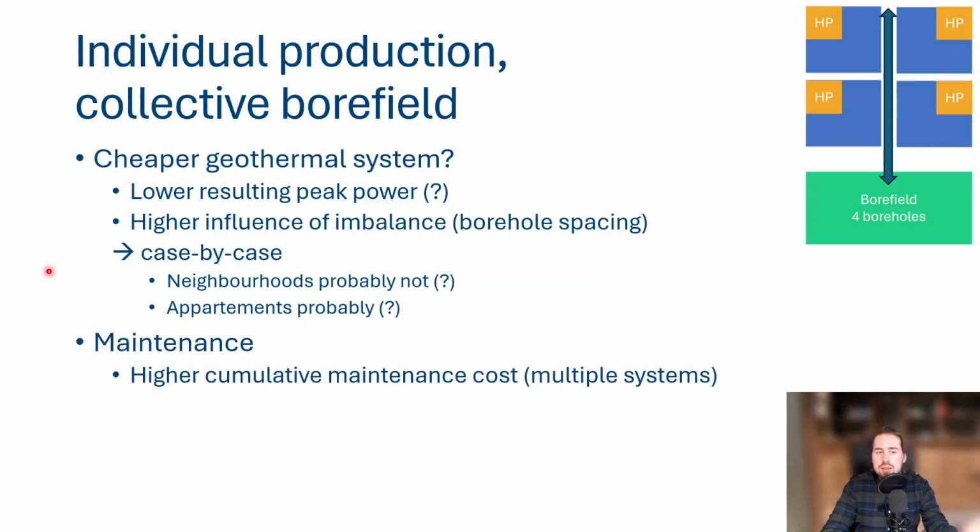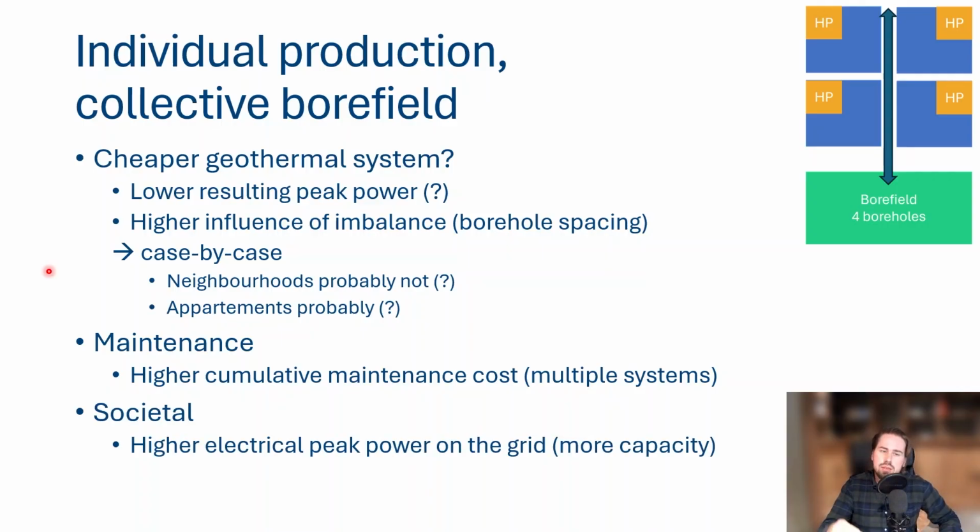Related to maintenance, we again have a higher cumulative maintenance cost because in the end we still have the same number of heat pumps, we have the same number of users, so also the same amount of maintenance. And from a societal point of view, also nothing has changed. We still have a higher electrical peak power on the grid because of our installed capacity.